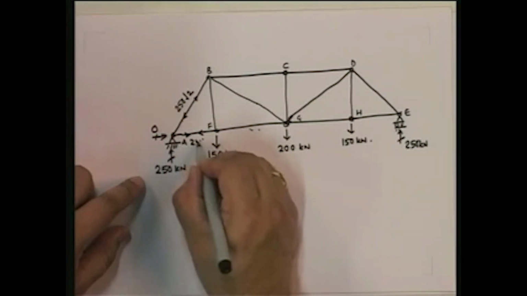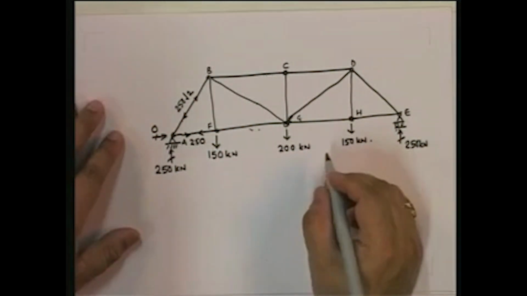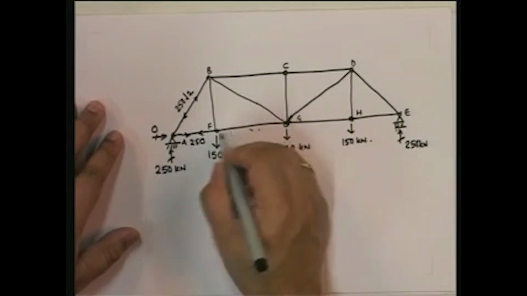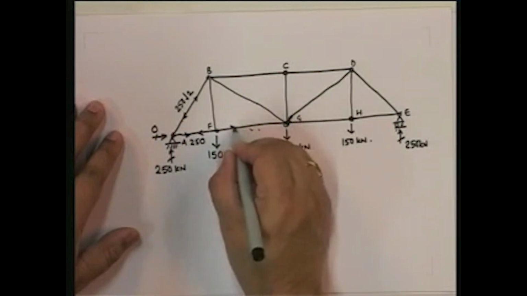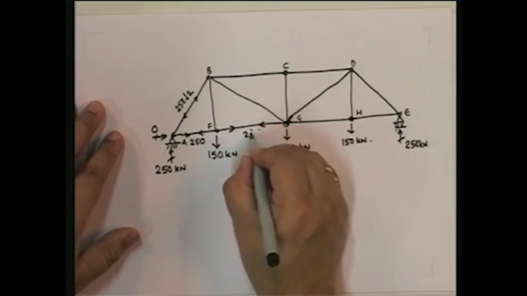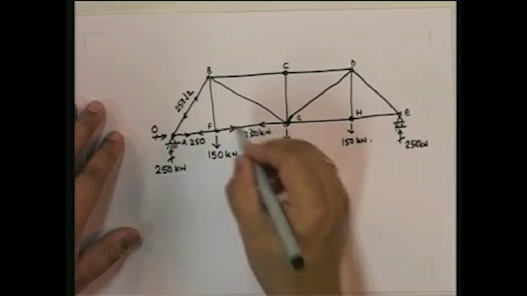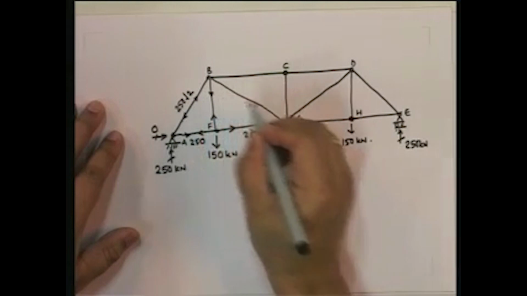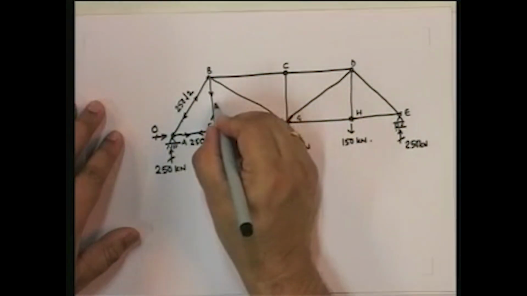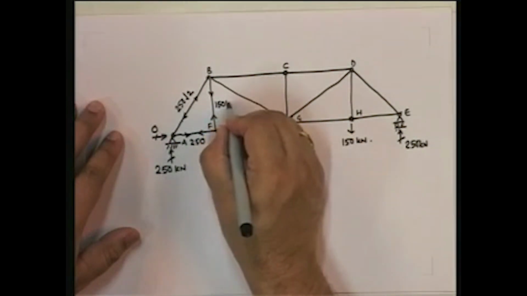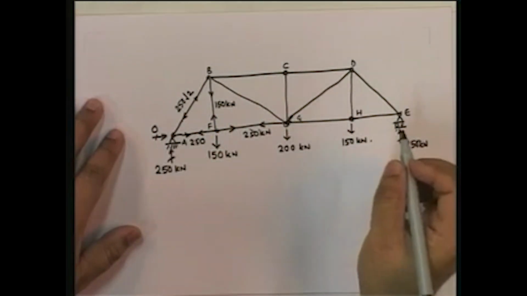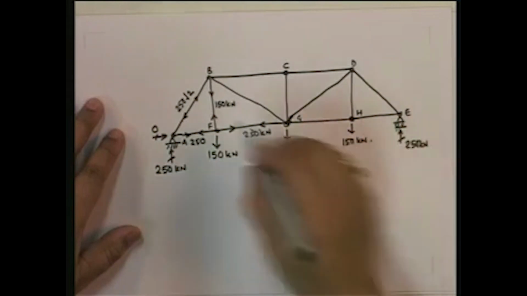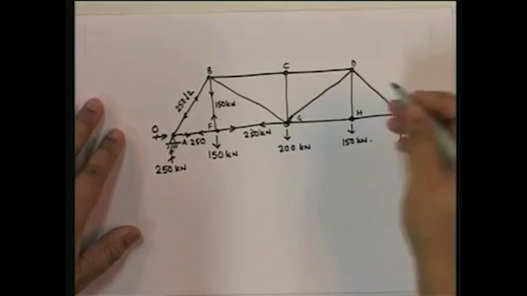So this is 250. Now if we go over here and take the method of joints here, this turns out to be 250, and this turns out to be 150.